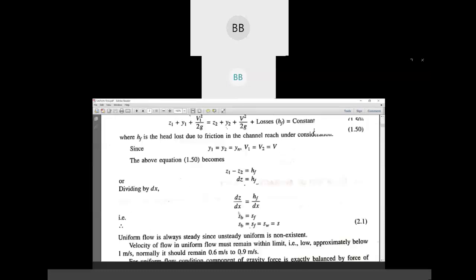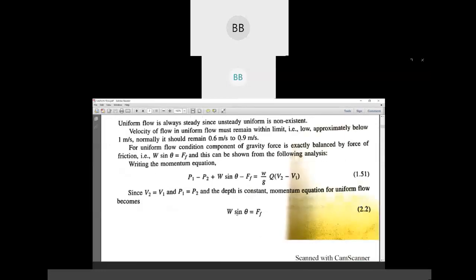So the pressures related to the depth, P1 and P2, will be the same in uniform flow, so these two will cancel out. Velocity is also the same in uniform flow, so this will also cancel out. You can see here V2 equal to V1 and P1 equal to P2. So what will be left out?